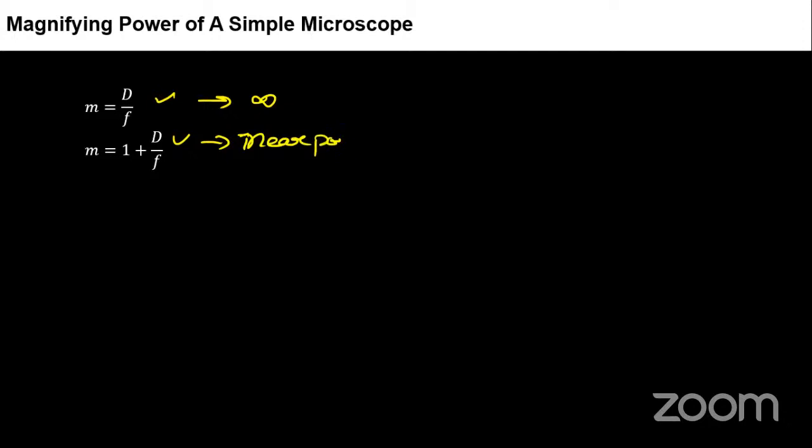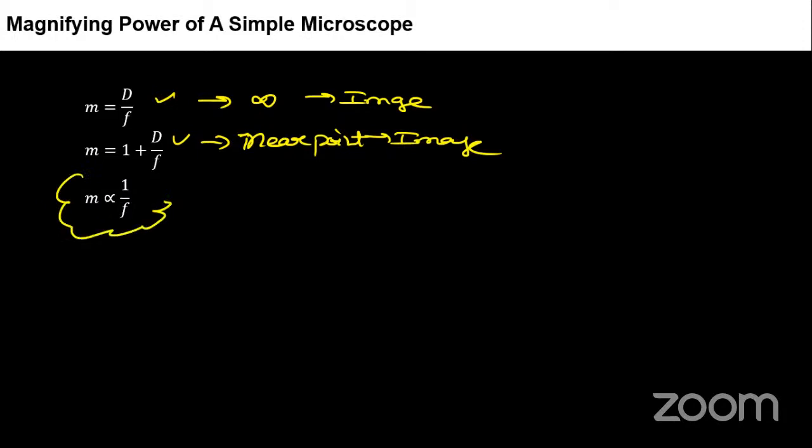So these are the two formulas for image at infinite and image at near point. But these are for images, not object placed. Near point, image, both for the image. From this, we can conclude magnification is defined as 1 by f.